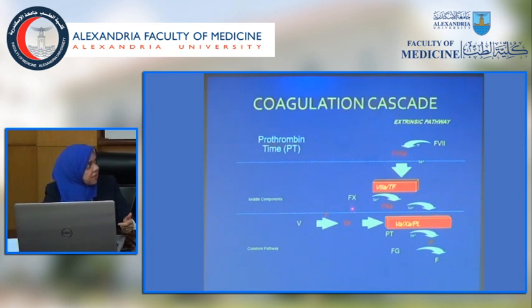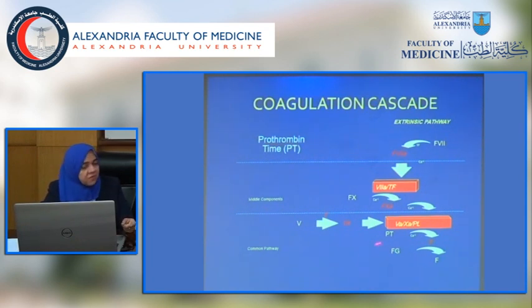It will activate factor 10 to become activated factor 10A, which together in the presence of factor 8 will cleave prothrombin into thrombin to generate the most important molecule of the coagulation, which is the fibrin.